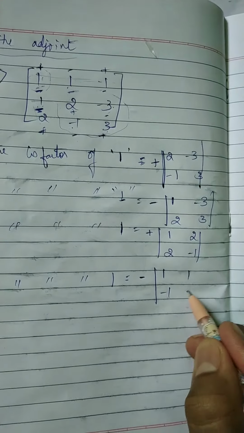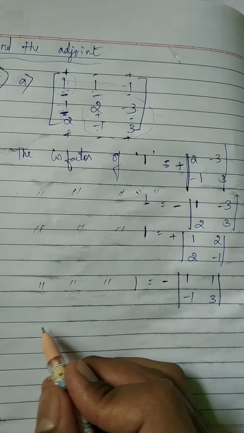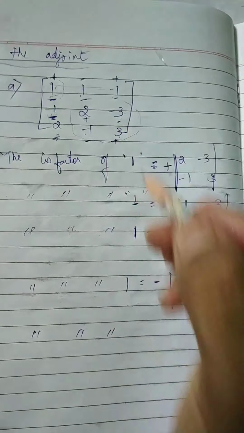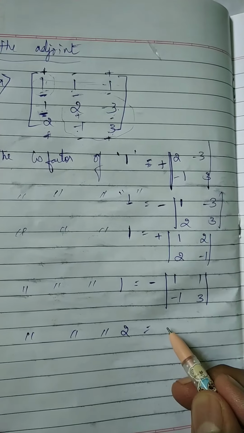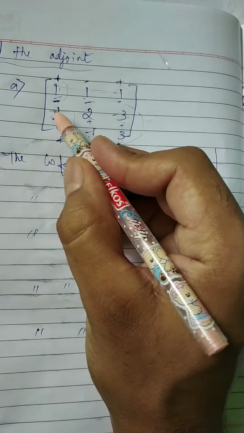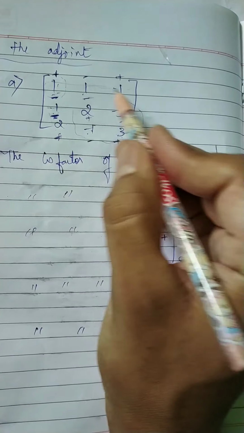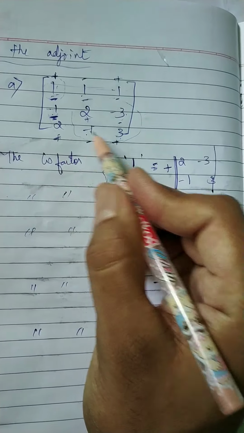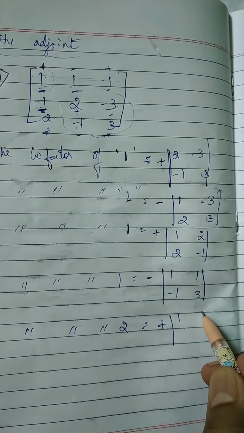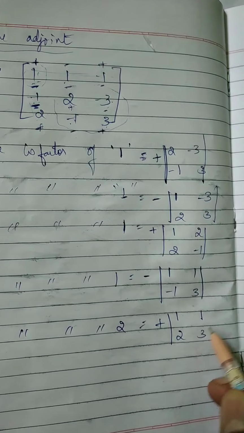Similarly, the cofactor of this particular 2: it is positive there, right? So it is plus, delete this column, delete this row, so it will be 1, 1, 2 and 3.